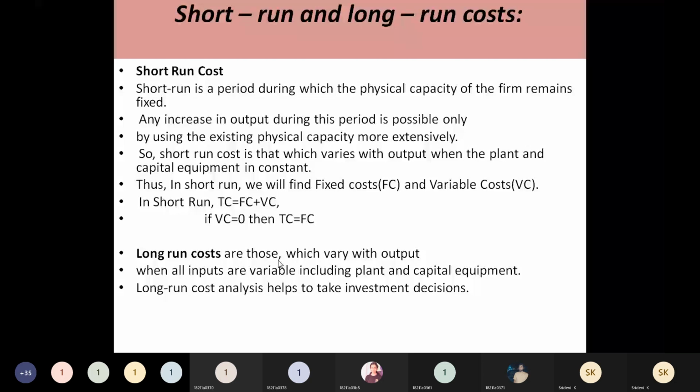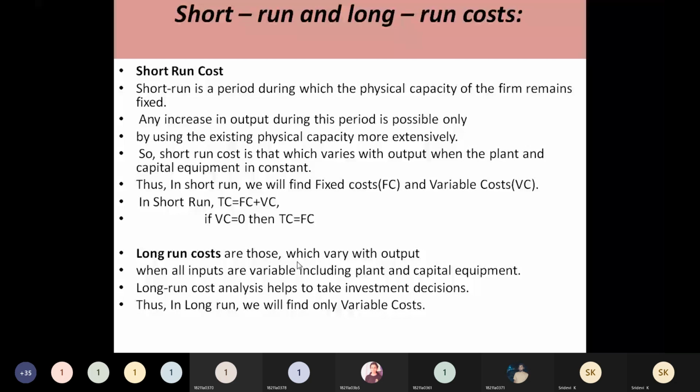In the long run, for 1 year it may be fixed, but after 1 year it will be changing. The owners may increase the rent, which we can say is varying. This will help you take investment decisions: where to invest, which projects to accept, or which technology to bring into your organization.